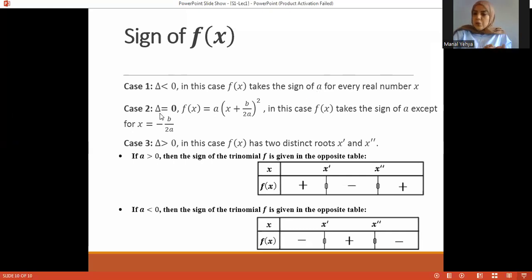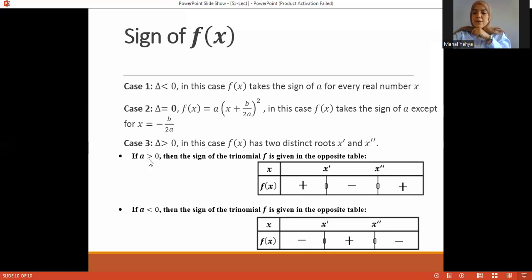If delta is 0, then we have only one root. Before the root, opposite sign of a, and after the root, same sign of a. I will make an example to make everything clear. If delta is positive, then we have two roots, the first root and the second root, and we put them on the table.